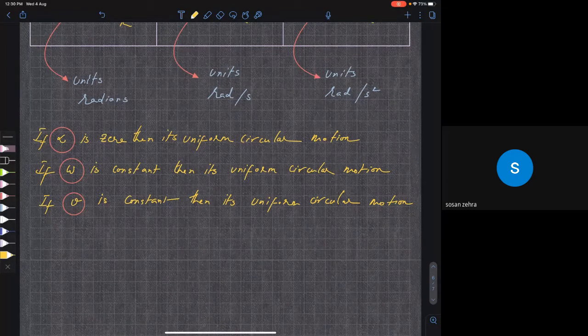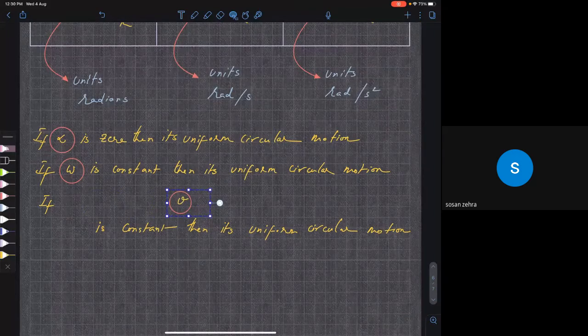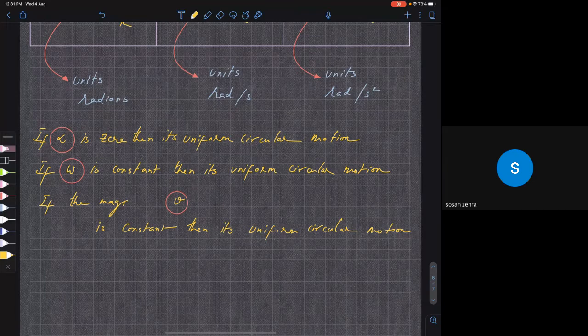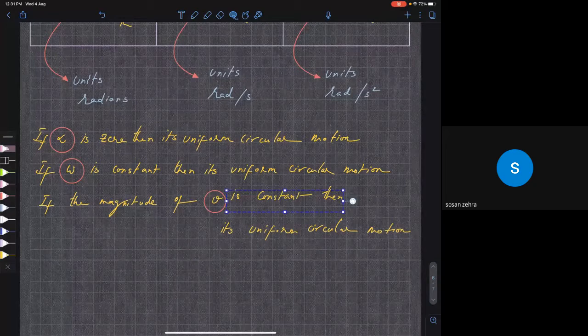So what is the correct statement here? If speed is constant, or if the magnitude of v is constant, then it's uniform circular motion.